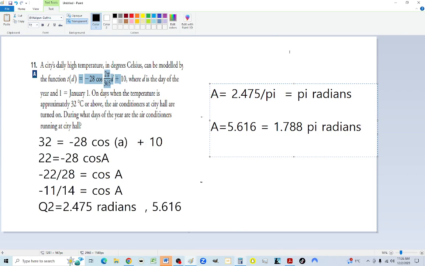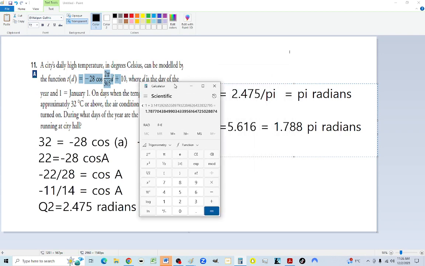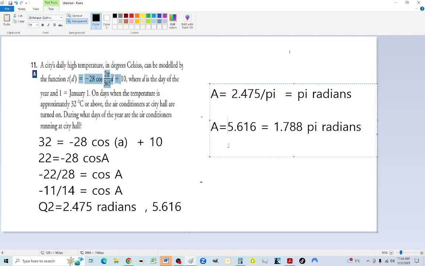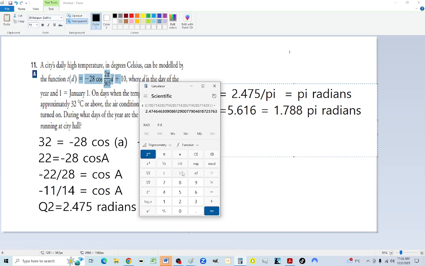And the first one is that 2.75. Oh, I could have just used that. And it is this many pi radians.